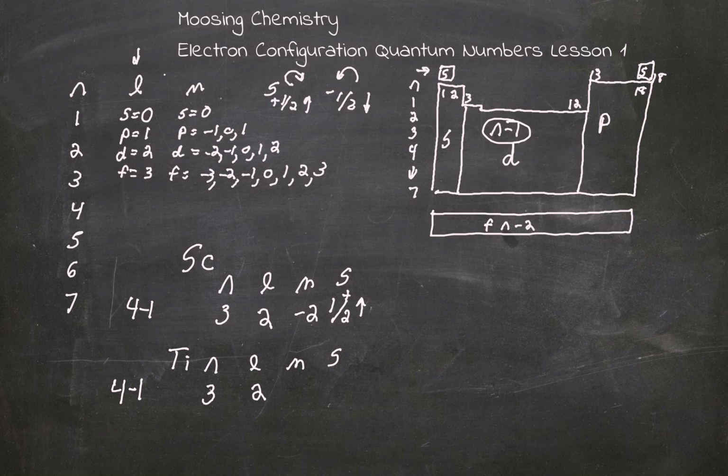The M value is going to be negative 1, because we moved one element over on the periodic table. The S value is going to be 1/2 positive. And this does satisfy Pauli's exclusion principle because, look, our M values are different.